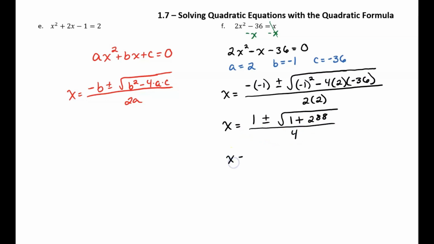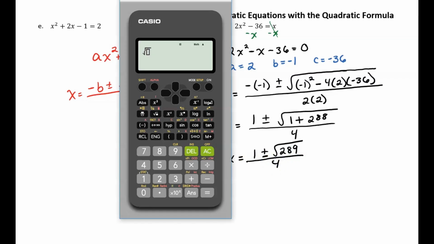So we're getting there. We have 1 plus or minus the square root. See, 1 plus 288, that's 289 divided by 4. And the square root of 289 just so happens to be a nice 17.